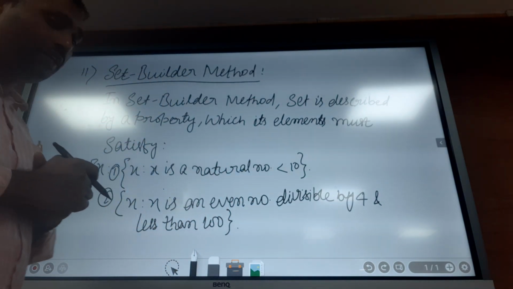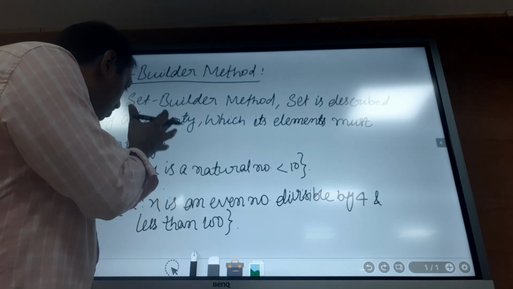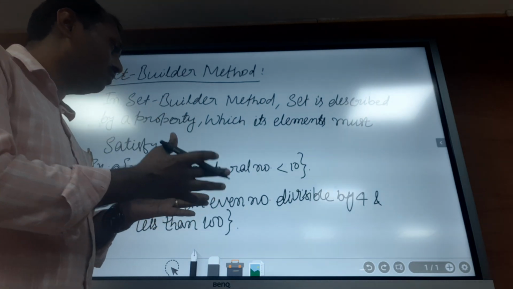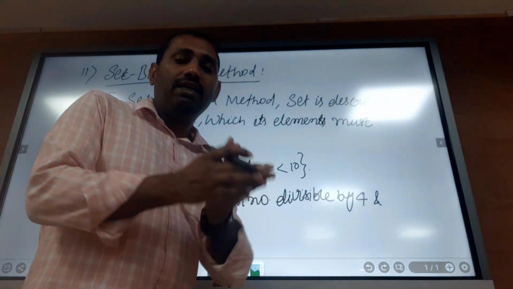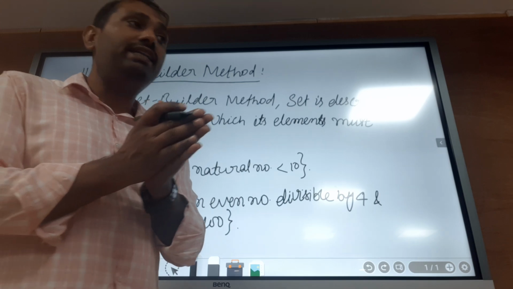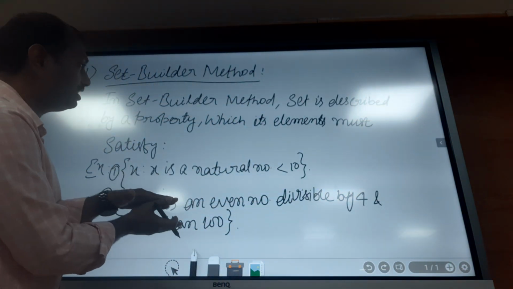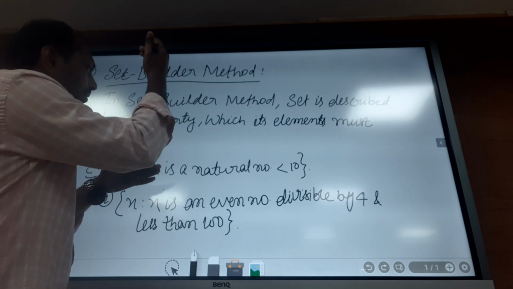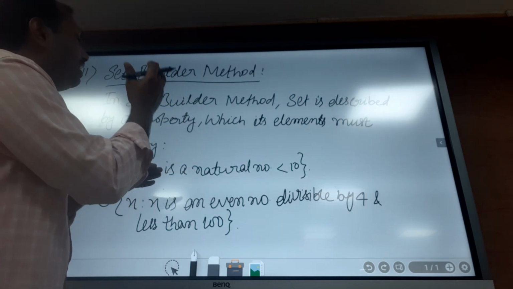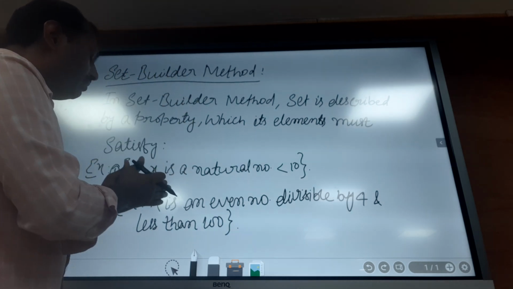So the elements of this set are those numbers which are even, divisible by 4, and less than 100. This property must be satisfied by the elements or members of that particular set.